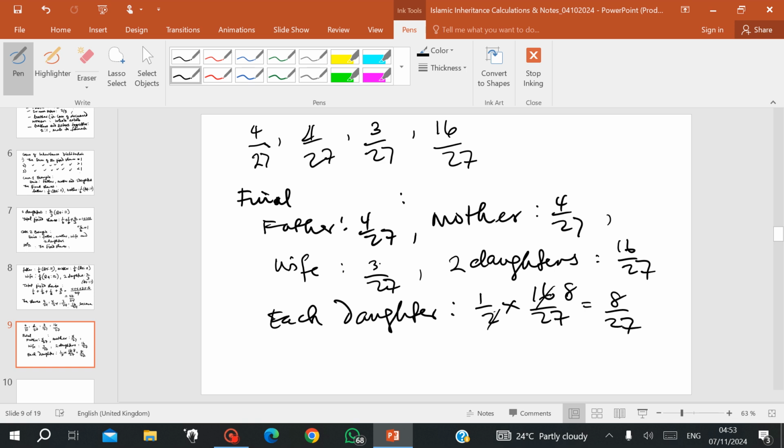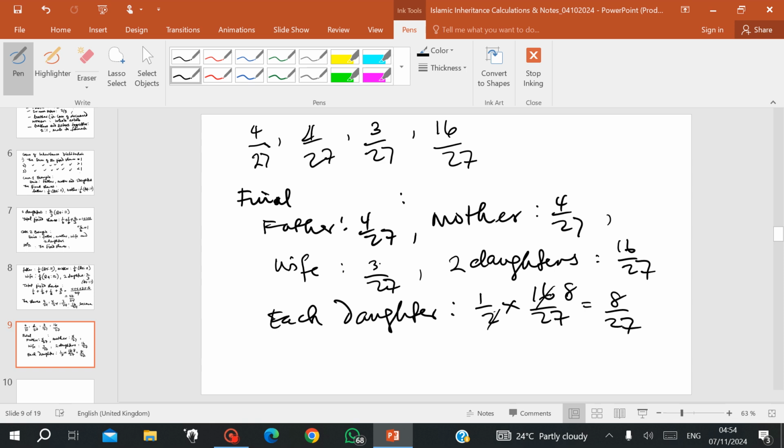So we have had the father, mother, wife, and two daughters. They have all been taken care of. So this is how we do. This is a case of aul. We call it aul, that is increase. We increase the denominator to equal the sum of the numerators. Here the denominator is 24 and the sum of the numerators is 27.